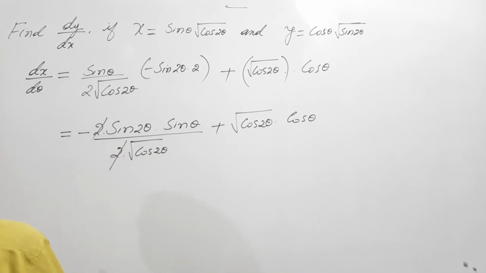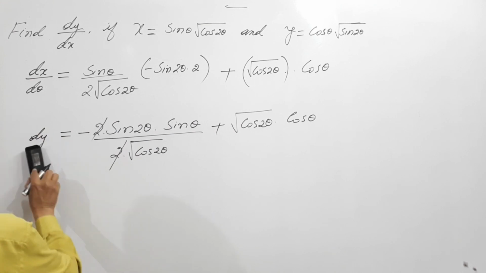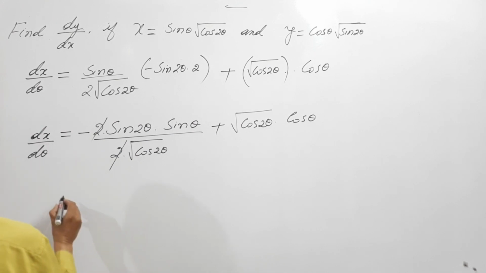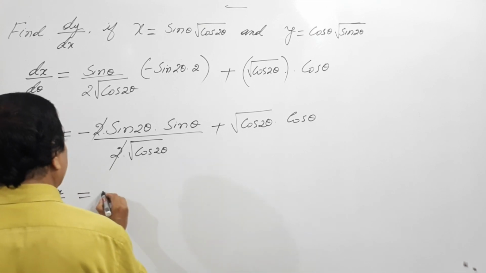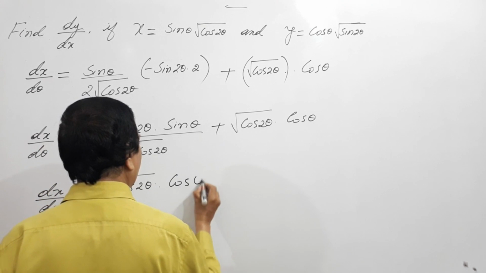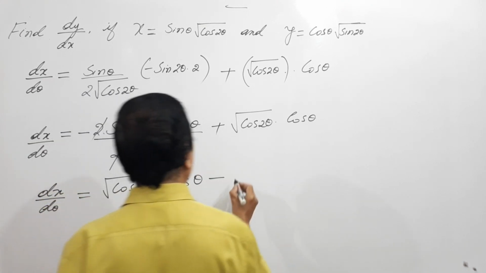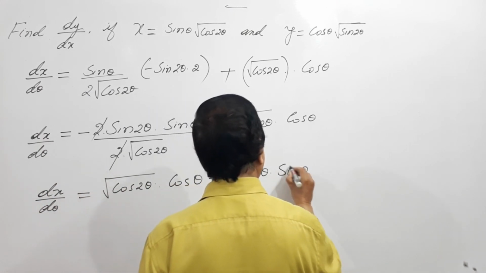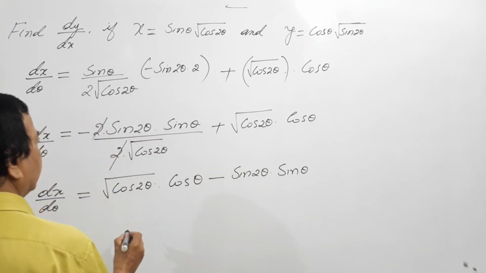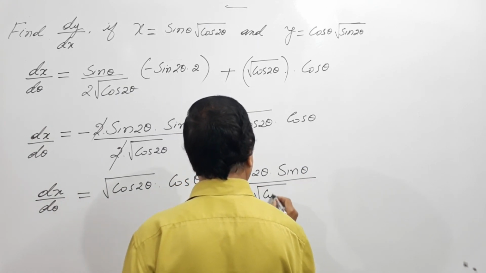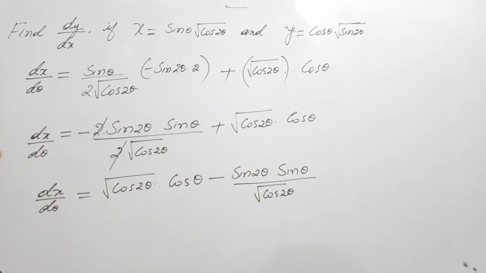So now dx by d theta equals, first I will write this, that is cos 2 theta into cos theta minus sin 2 theta into sin theta, and below this we have root cos 2 theta, right?